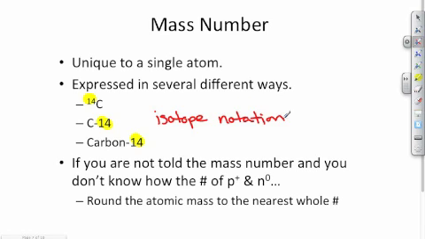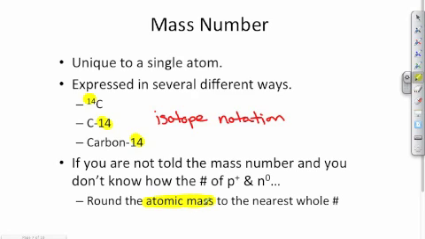Now, if you are not told in a problem or you don't know what the mass number of an atom is, there's a quick little fix to that. Just simply look on the periodic table for whatever element you're considering and take a look at the element's atomic mass.